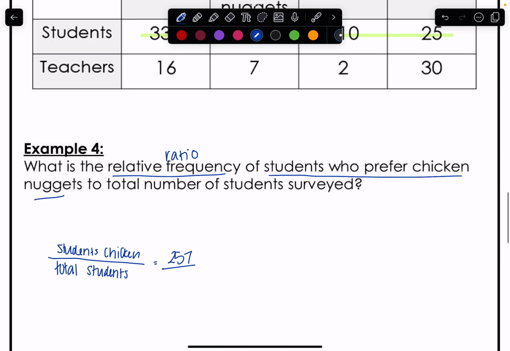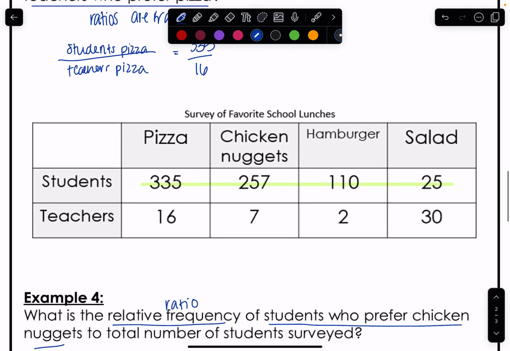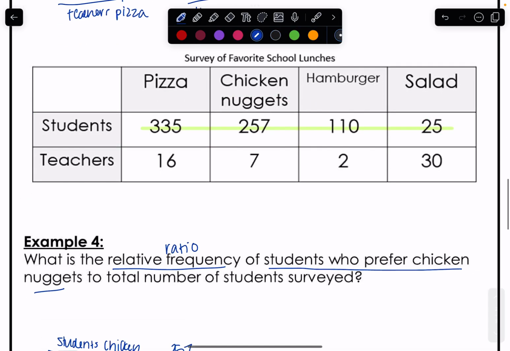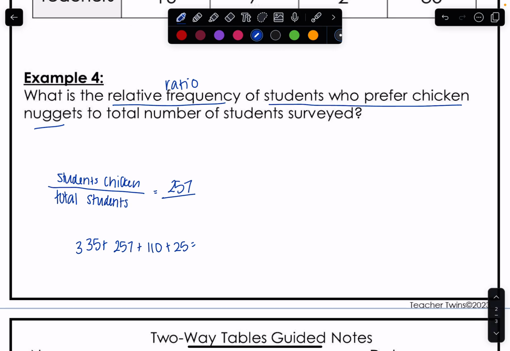So we can add up 335 plus 257 plus 110 plus 25. That's my entire student row, added together to find my total student count. Once we type that in, you should get 727. And that one cannot be reduced. But again, on the homework, there's reduced and non-reduced.